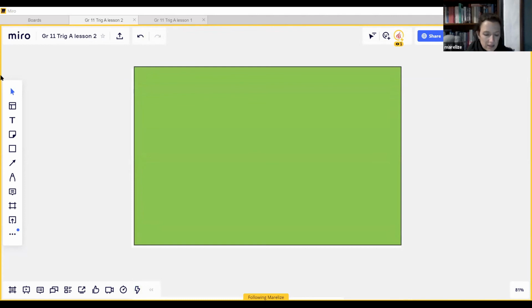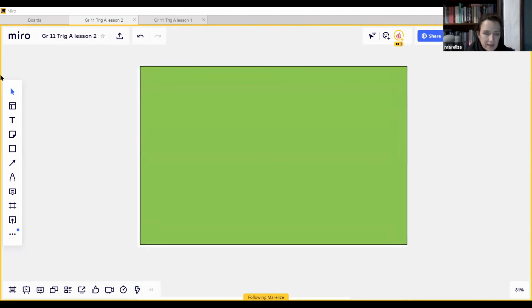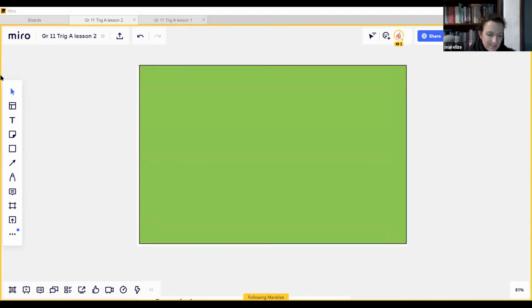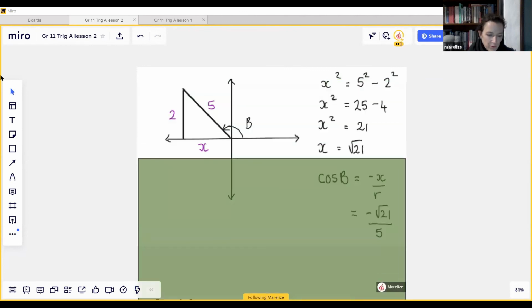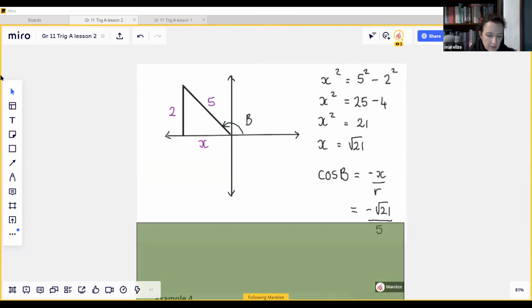Awesome. Okay, looks like most of you are done. Let's remove the green block to reveal the answer.